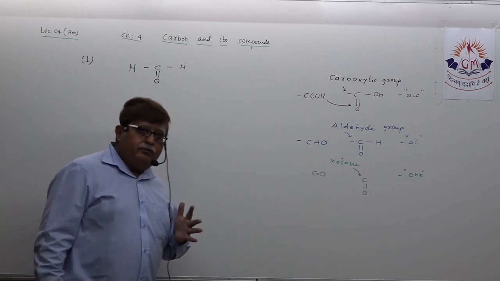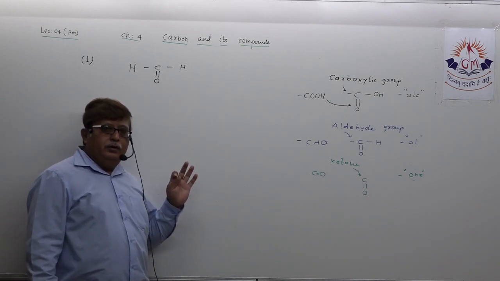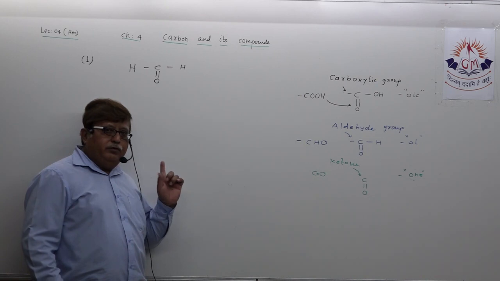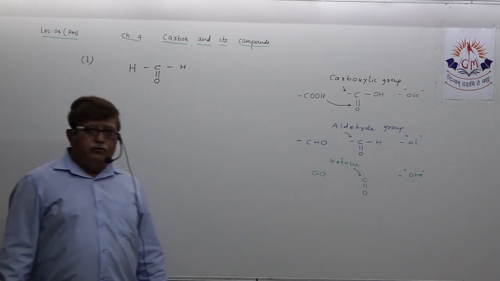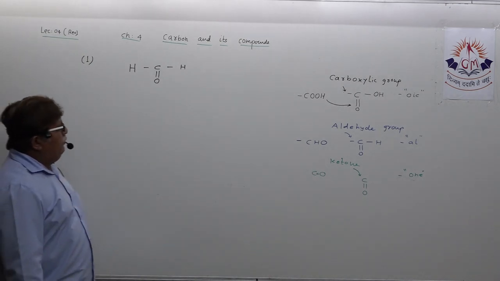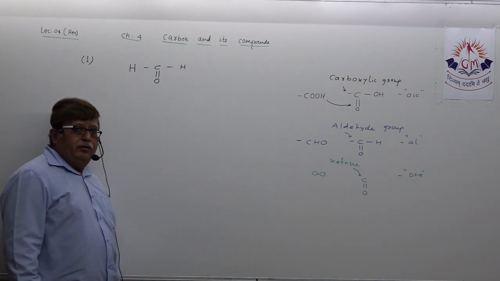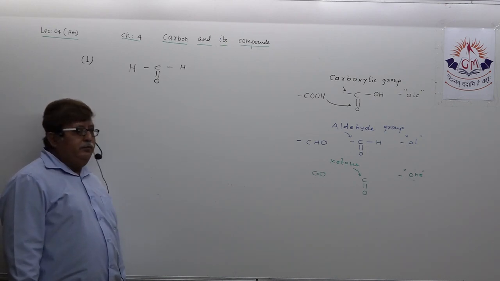Every structure when I draw here, I will give you just a little time to guess which organic compound this is. You start thinking to name this particular organic compound.